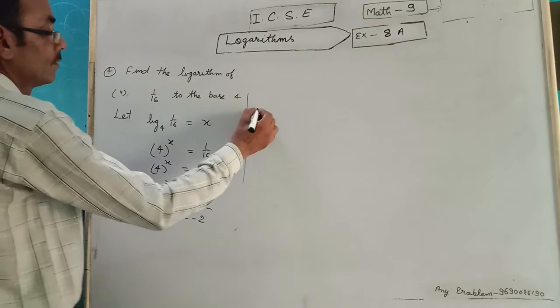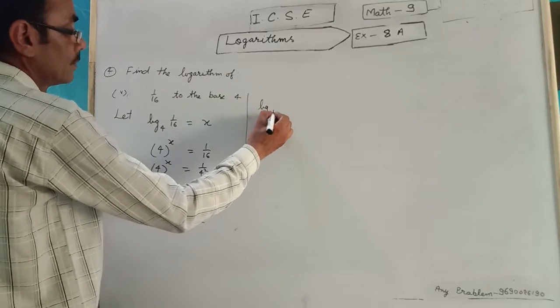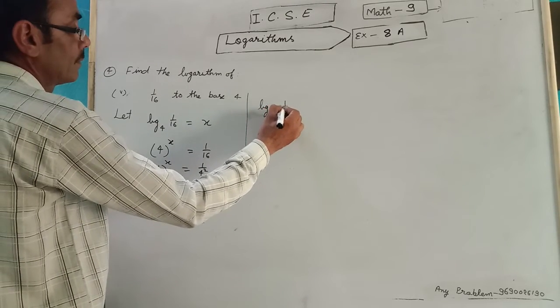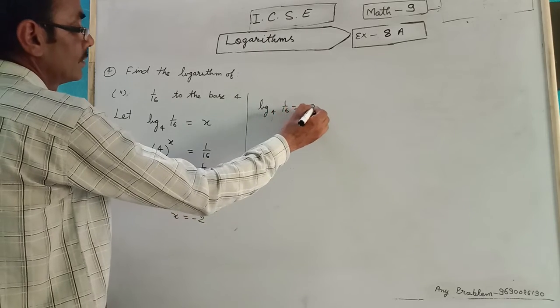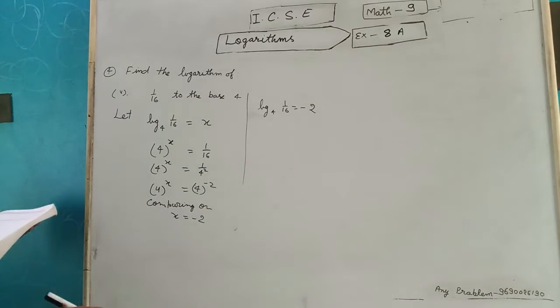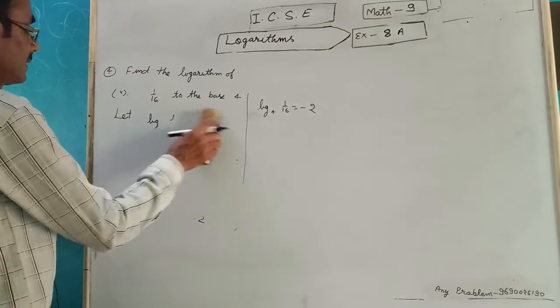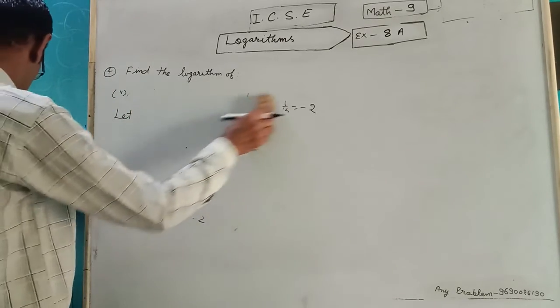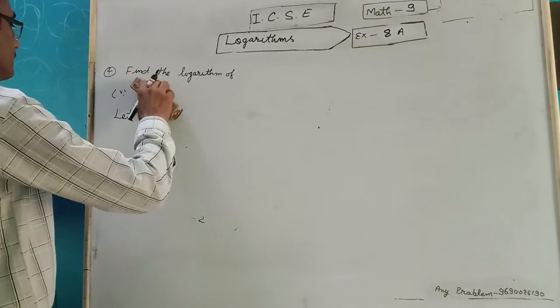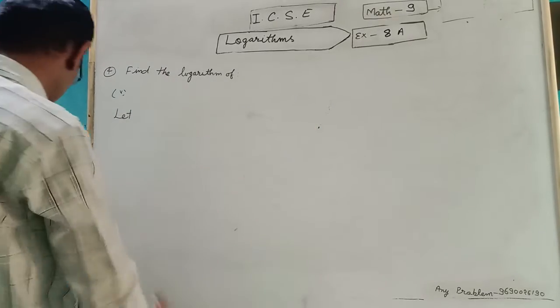So log 4 base 1 upon 16 is equal to minus 2. That is sixth part.